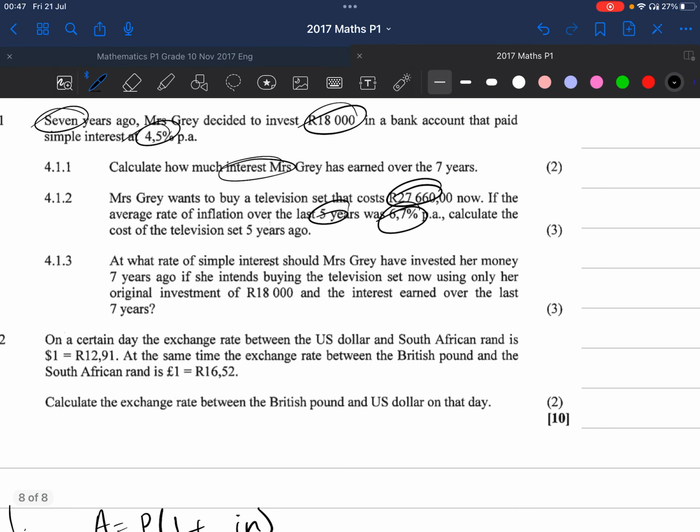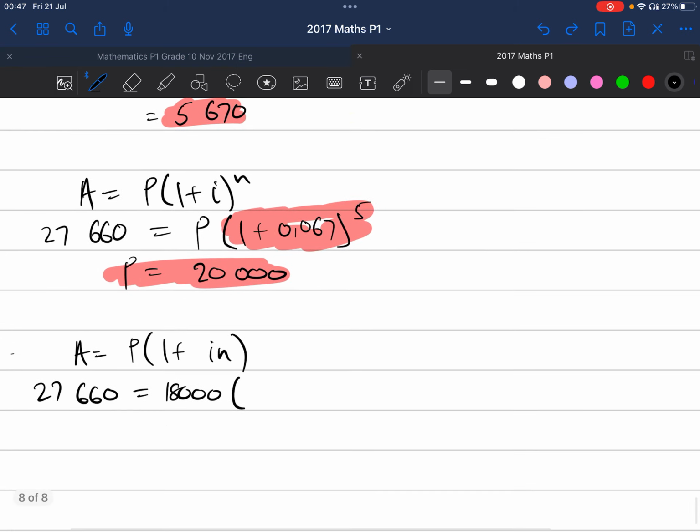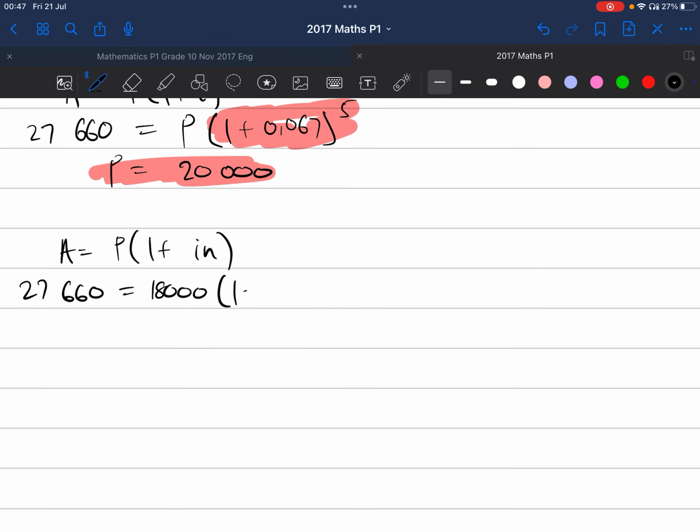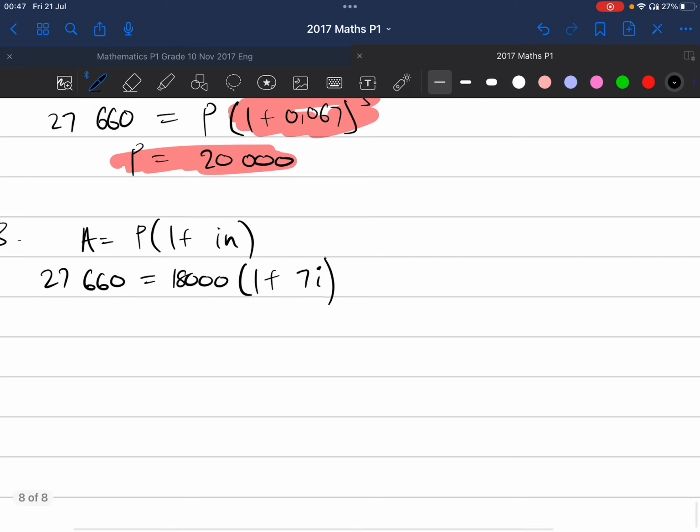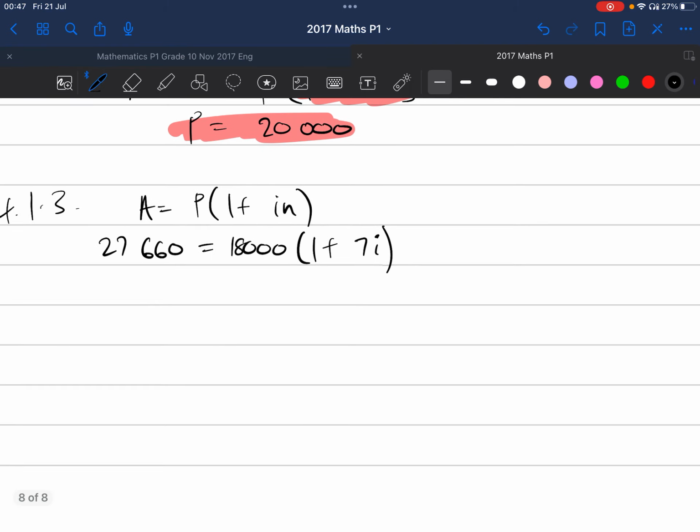She wants to buy it this year, after saving up for 7 years. So we know the time is fixed as well. So the only unknown here is the interest rate, and that's what we're going to be solving for now. So that's 7 times I. Remember we're solving for I.